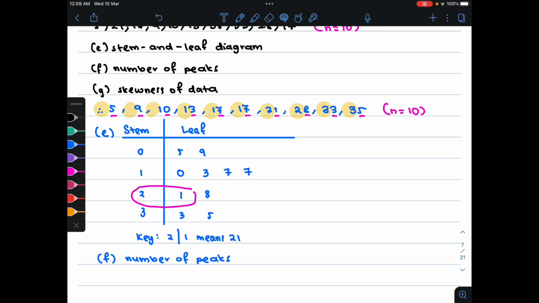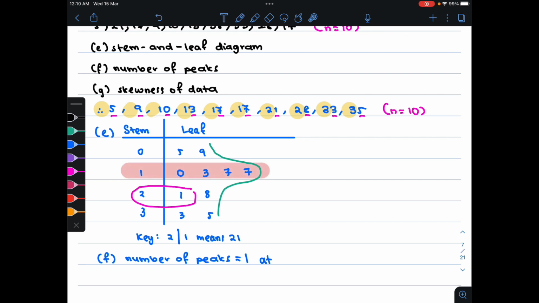For part F, I need to determine the number of peaks. So you need to draw the bell-shaped curve. So note that peak means where you have the most number of data, which is here. So we can see that I have one peak. So the number of peak is 1. But you need to tell me the position of the peak.